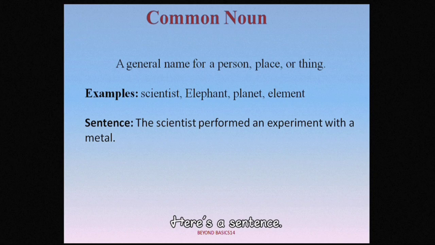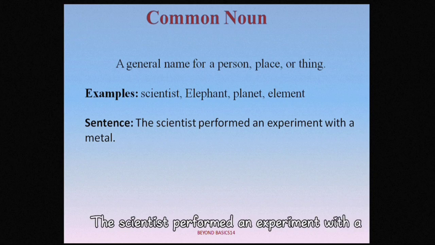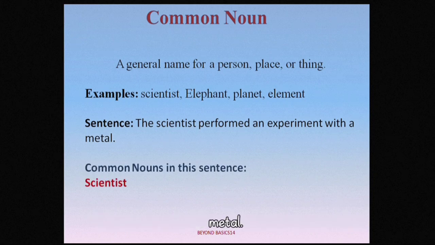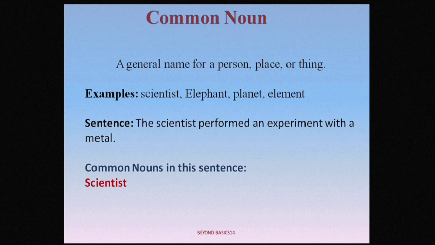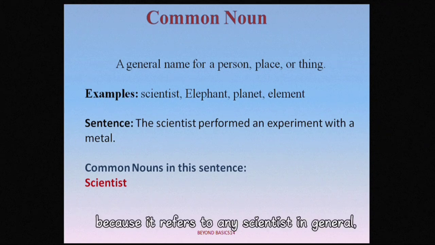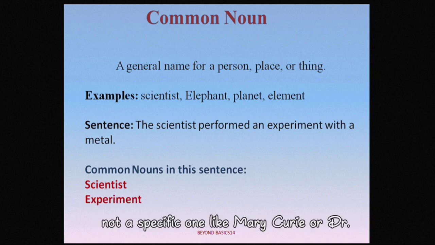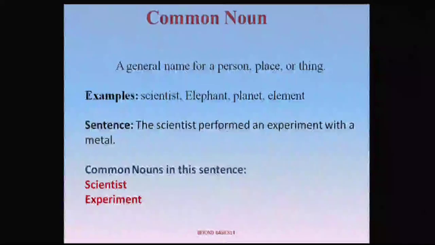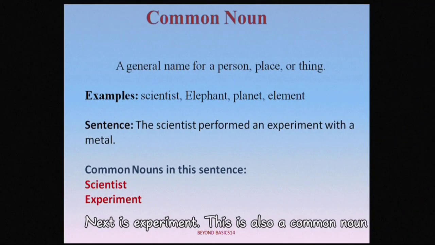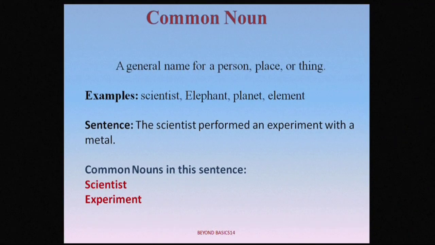Here's a sentence. The scientist performed an experiment with a metal. Common nouns in this sentence are scientist, because it refers to any scientist in general, not a specific one like Marie Curie or Dr. Abdul Kalam. Next is experiment. This is also a common noun.